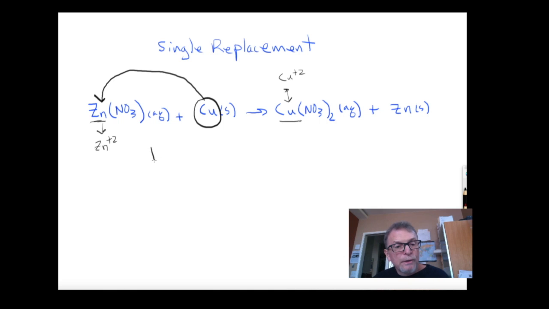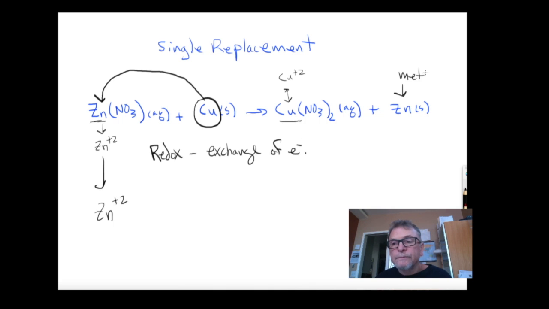In class, we learned these are all redox reactions because they involve the exchange of electrons. All right, and you can clearly see that the zinc, because it turns into a metal over here, right here it is, it's turned into a metal, that it has gained 2 electrons in order to do that.